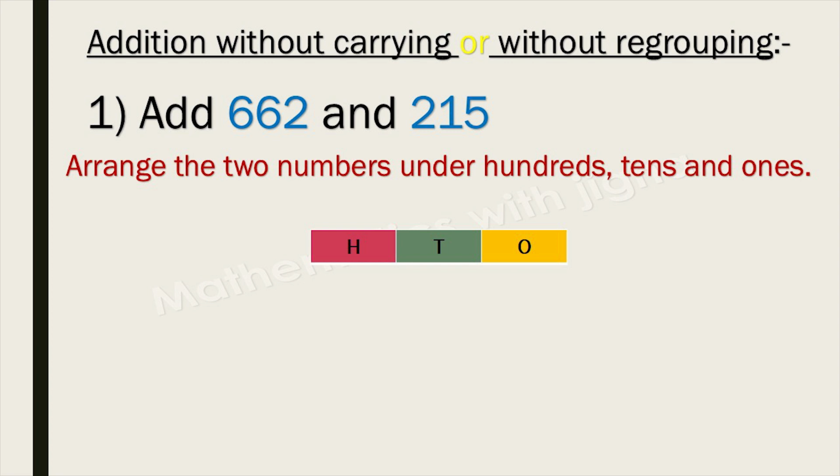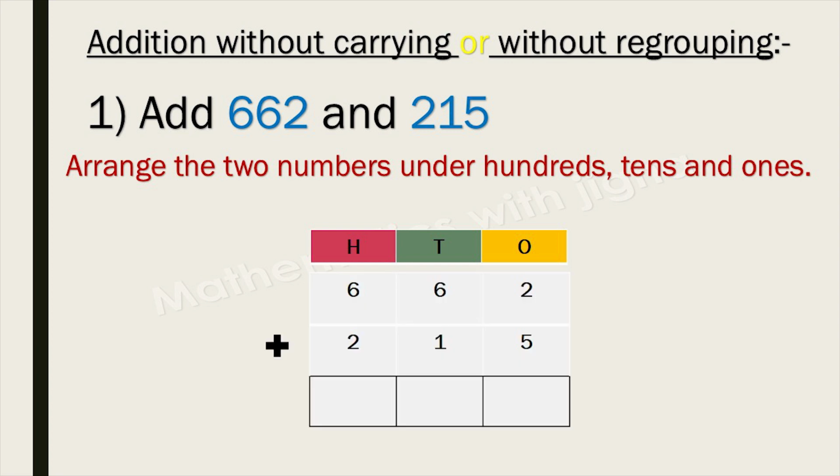Then first add the ones place digits 2 and 5 is equal to 7, which we write in ones column. Then add tens digits 6 and 1. We get 7. So write 7 in tens column.